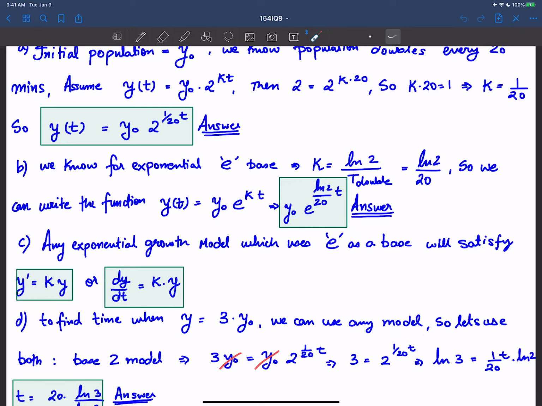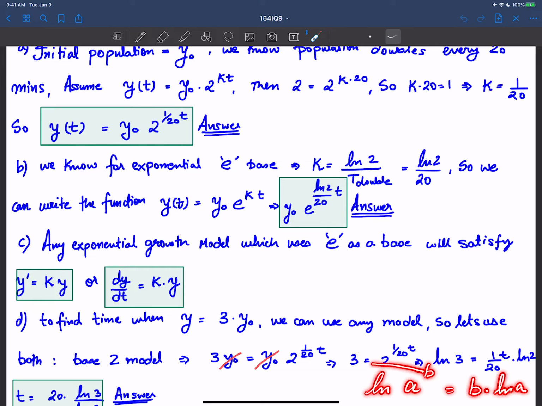Now, whenever you're solving for an exponent that's in the actual power of something, you want to bring it down. To do that, we usually take ln. Taking the natural logarithm of both sides will give you ln 3 here. A property of ln tells you that ln of a to the power of b can be written as b times ln of a.